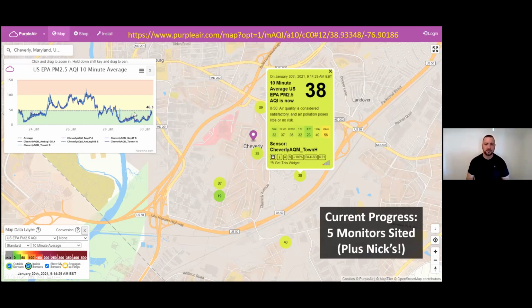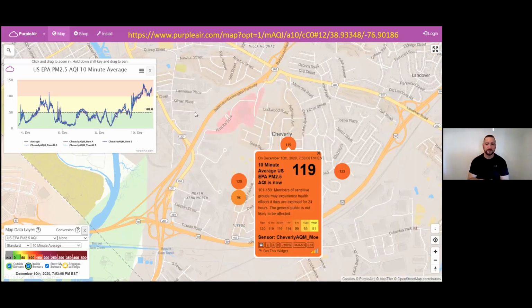It also shows you this trend over time and how it's been throughout these last few days. When it's a really bad air quality day, it'll change the color, and it'll tell you members of sensitive groups may experience health effects if they're exposed for 24 hours. So this is what we would call unhealthy for sensitive populations. And you can see there that it's going up.